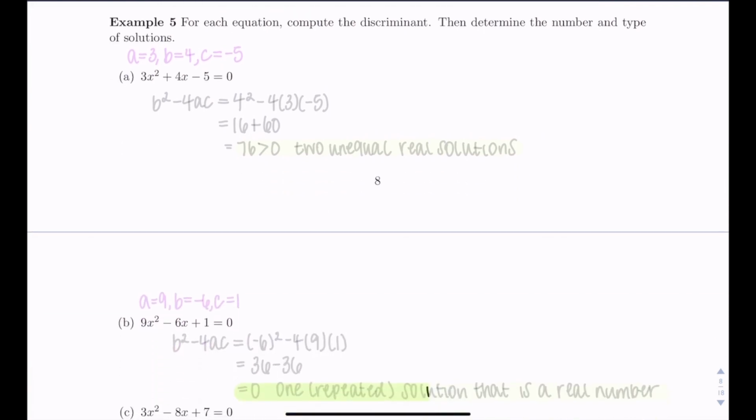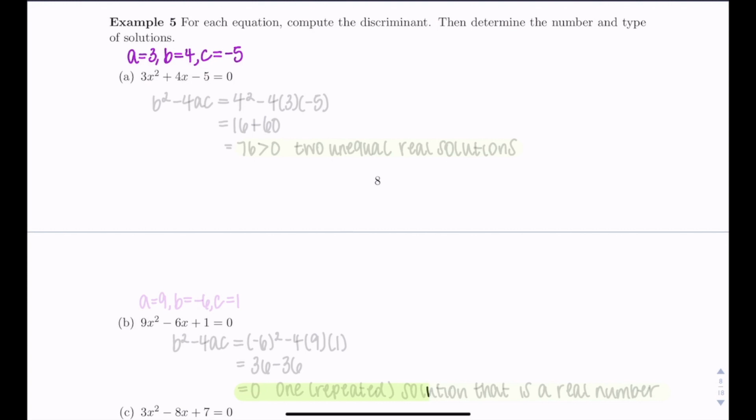So let's apply this to example 5a. Just like with the quadratic formula, it has to be set equal to 0 to use it. So our a is 3, our b is 4, and c is -5.